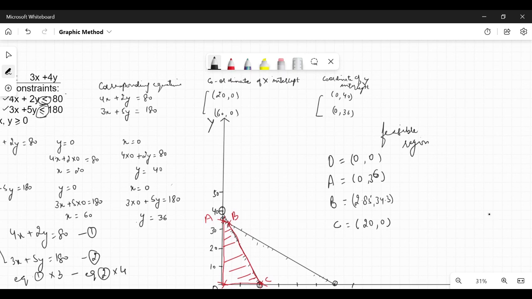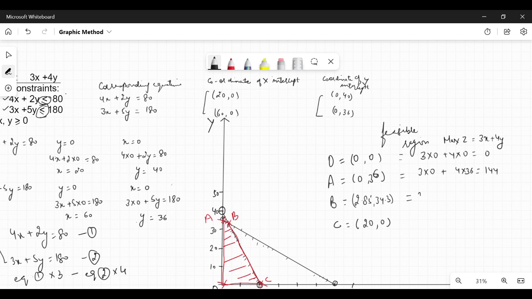Now the maximize equation for the given question is 3x plus 4y. So I will substitute 3 into 0 plus 4 into 0. This will give me the value of 0. Next, 3 into 0 plus 4 into 36. This gives me the value as 144.